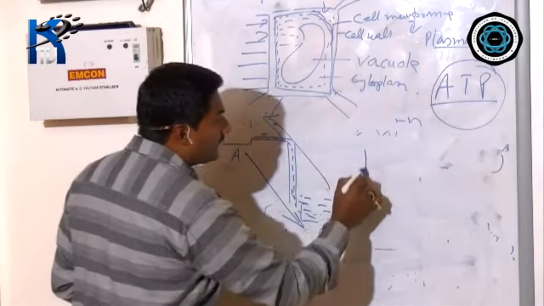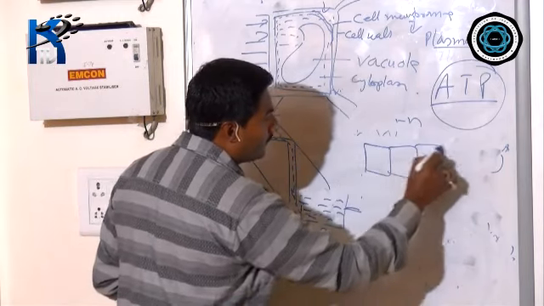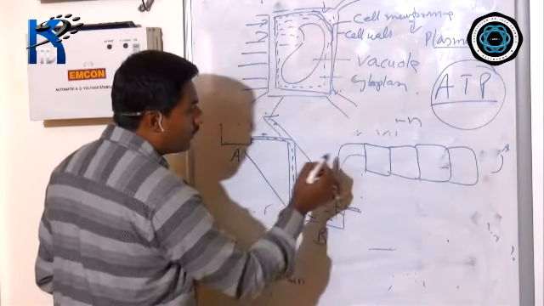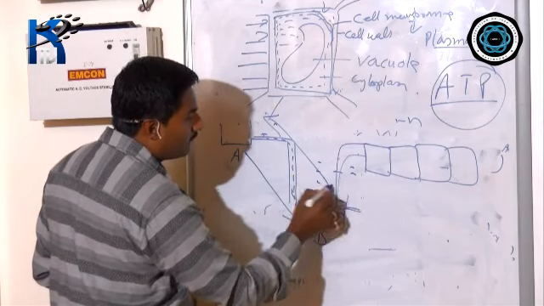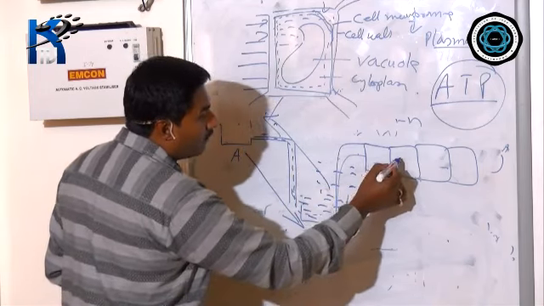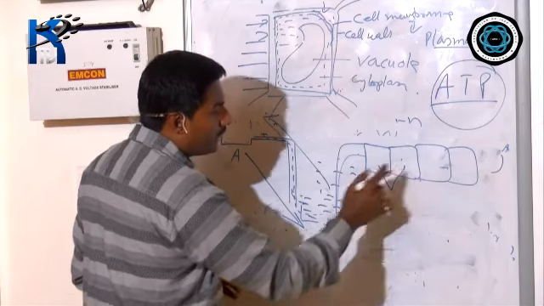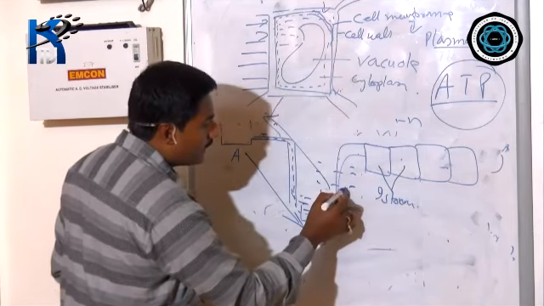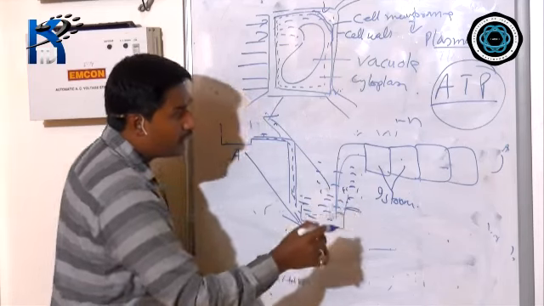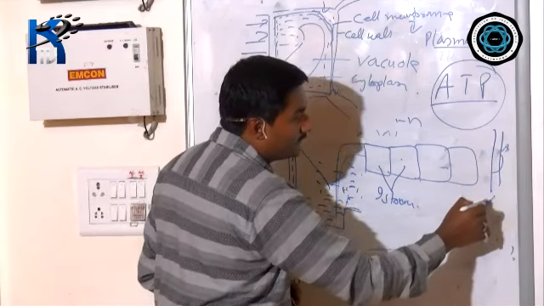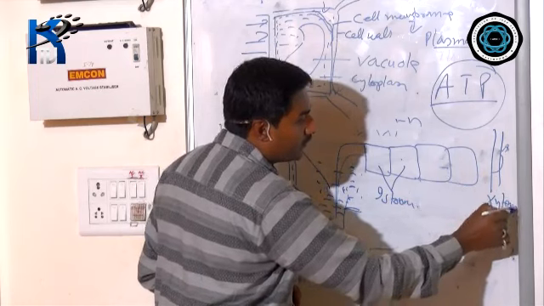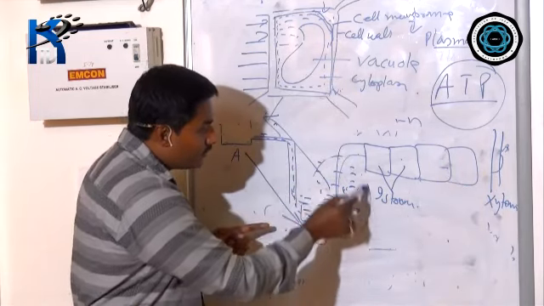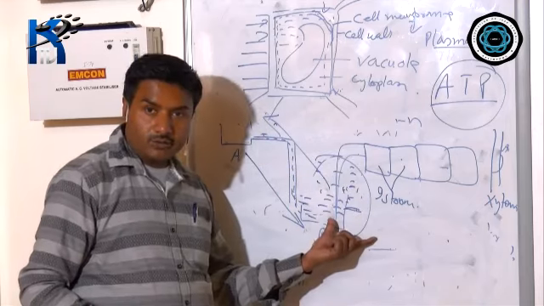Similarly, take the example of one cell to another cell, and suppose this is the root hair. The condition can be isotonic, where both these cells are equal. Here also it is isotonic, and this is the xylem tissue. In the soil also the condition is isotonic.